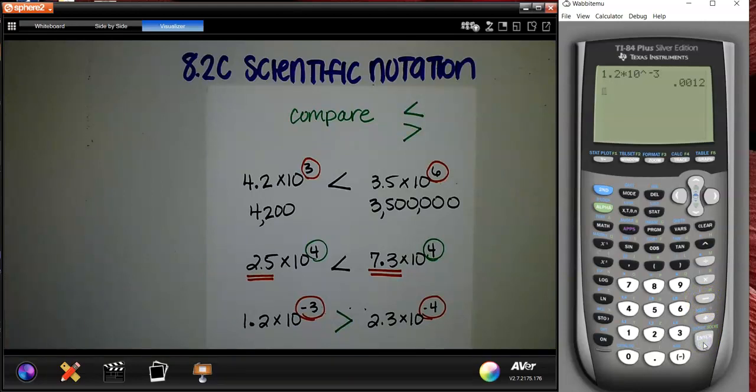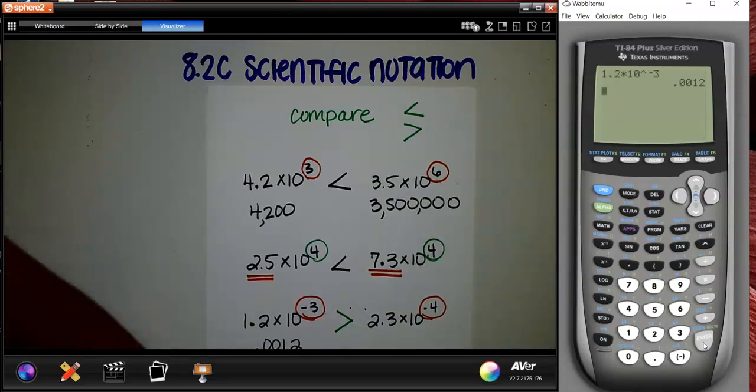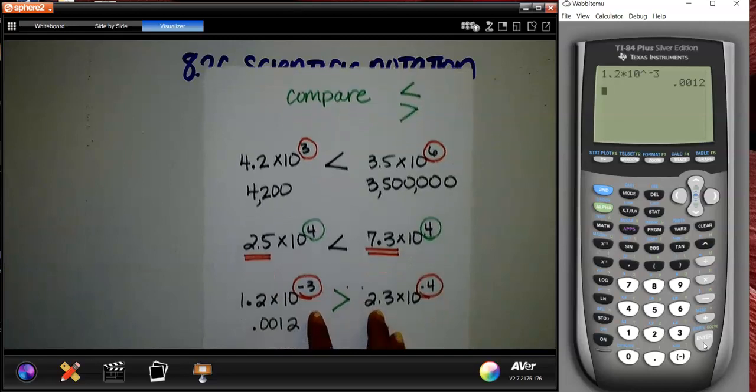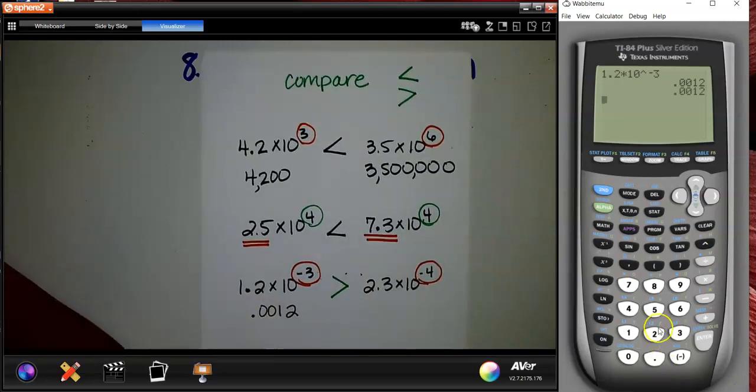Okay, so here I have this small number here, and I want to also look at my second number, times 10 to the power of -4.